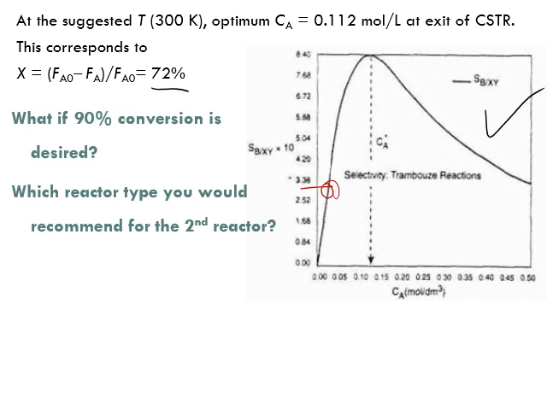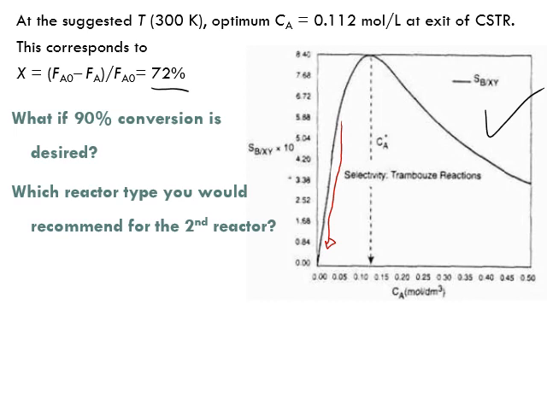However, you prefer to use a plug flow reactor, where the concentration starts high with high selectivity, and then gradually and slowly the concentration will drop and the selectivity will drop as well. So you will not be operating at a low selectivity. The selectivity will start at a high value and then gradually decrease.